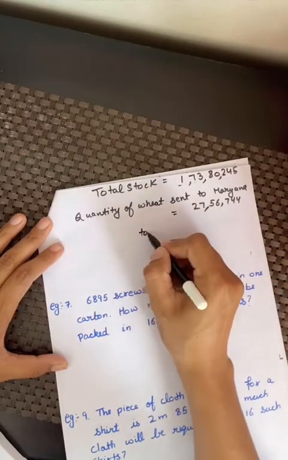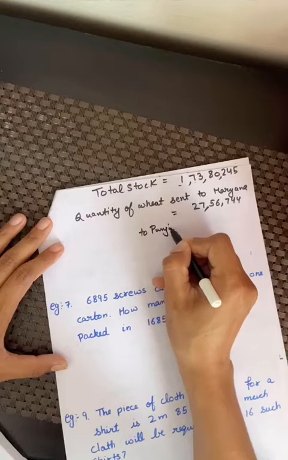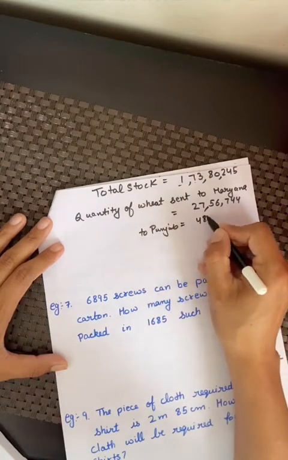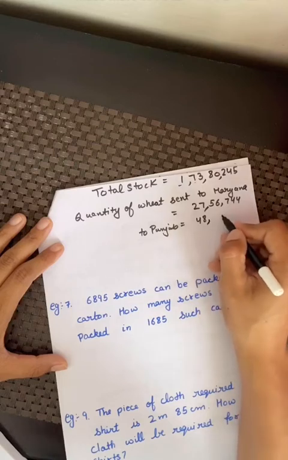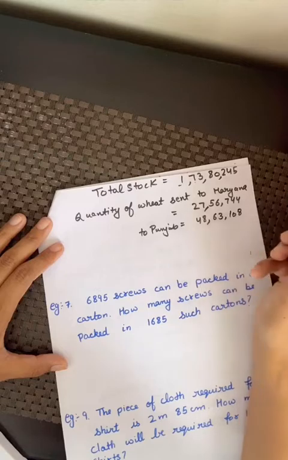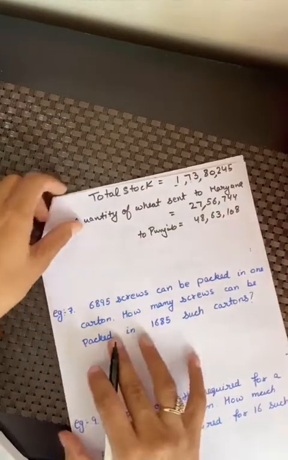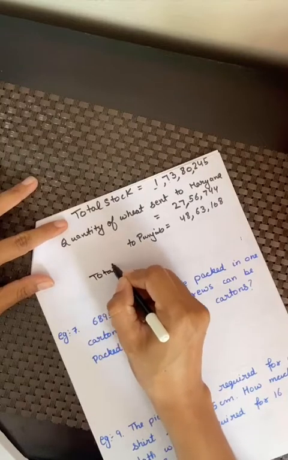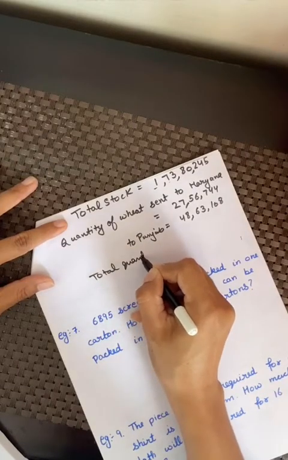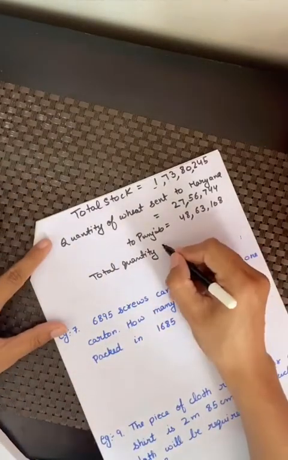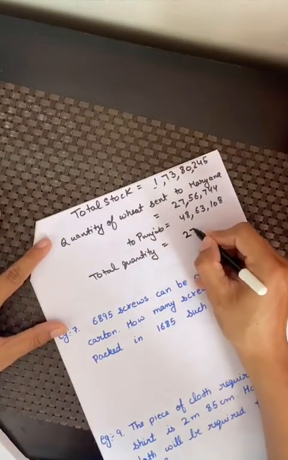And to Punjab, how much quantity is sent? 48 lakh 63,108 quintals. So total quantity sent to both states, we will add these quantities.